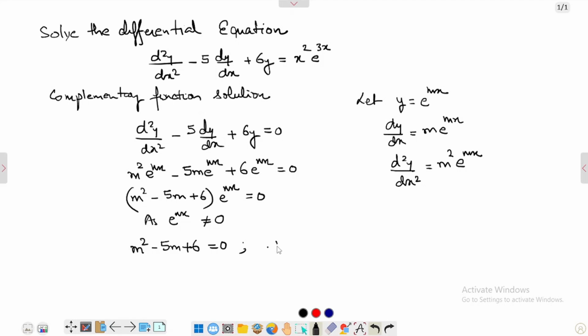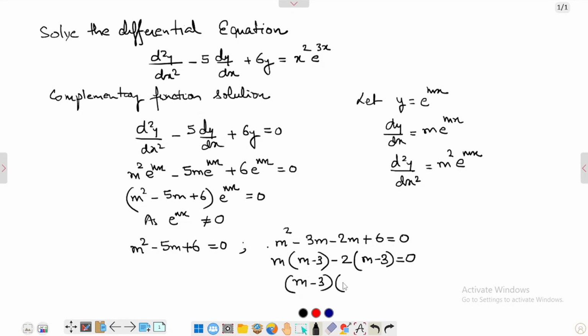Now I can do a middle term break: m square minus 3m minus 2m plus 6 equal to 0. So I get m into m minus 3 minus 2 into m minus 3 equal to 0. So m minus 3, m minus 2 equal to 0.